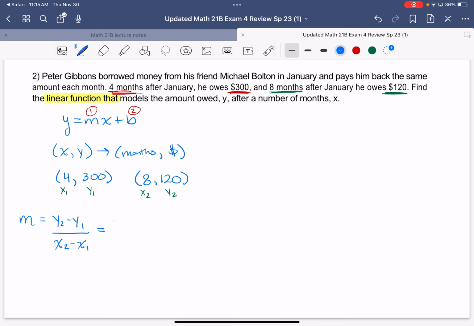So this is going to be 120 minus 300 over x2 minus x1. That's 8 minus 4. This simplifies to negative 180 over 4, which is negative 45.